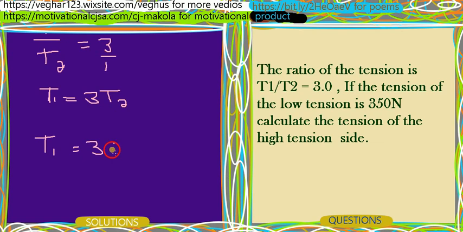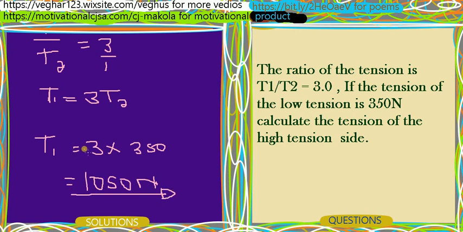So we'll multiply the 350 by 3, and then we'll get 350 times 3, which is something like 1050 Newton. So this is how we get the T1.